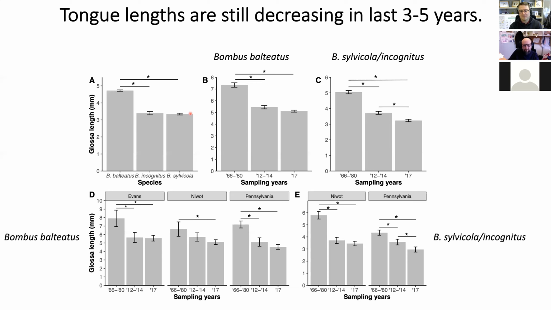But anyway, what we can see is that there seems to be an ongoing decrease in the lengths in both of these different species, and that seems to occur in all of the different mountains that we sampled where there is data available. So it seems like this trend is ongoing.